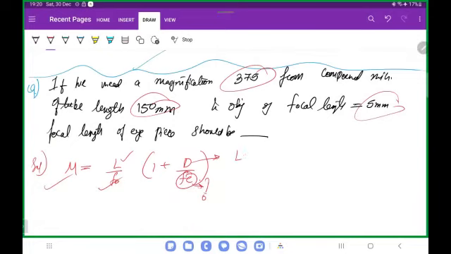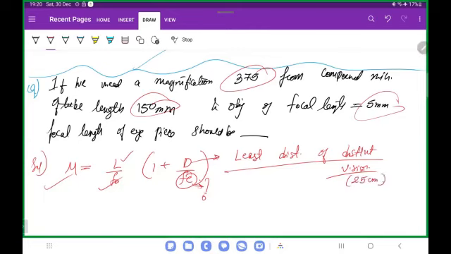It is the least distance of distinct vision. What is the nearest value we can see clearly? No? Still no? Okay, it is 25 centimeter. You need to remember this value.